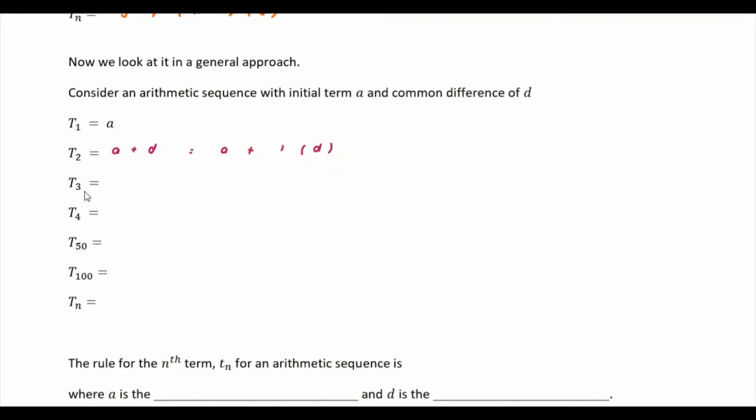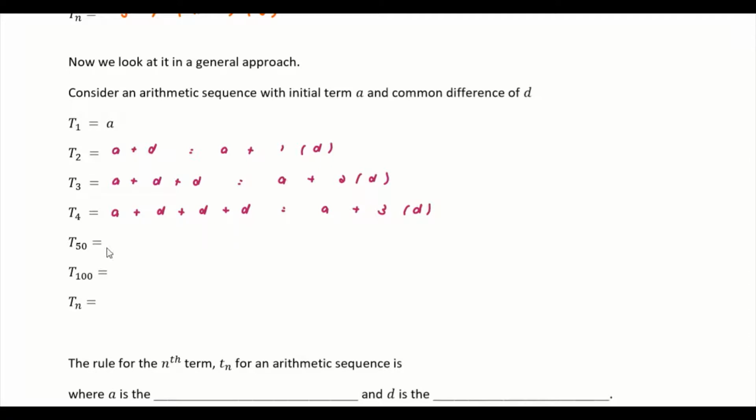How do I get the third term? I plus another d to my second term, so it becomes a plus d plus d, which is a plus 2 times of d. When I move on to the next one, I plus another d to the third term, and that gives me a plus 3 times of d.